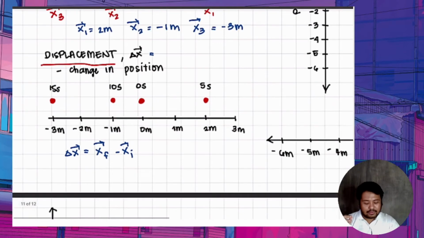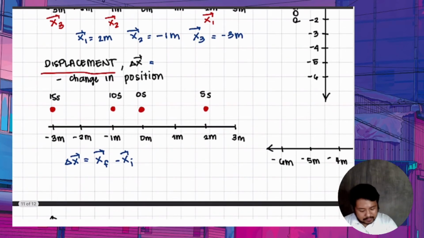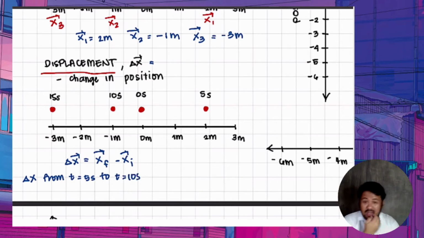Okay? So, let's say, for example, from 5 seconds to 10 seconds. What is the displacement from T equal to 5 seconds to T equal to 10 seconds? So, we have to know the initial and then the final point.